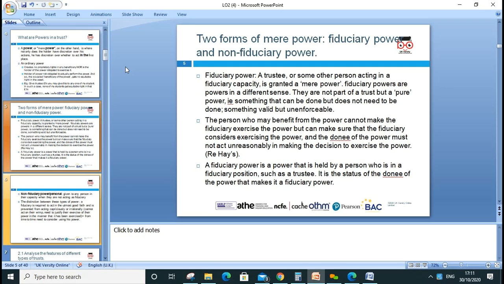The person who may benefit from the power cannot make the fiduciary exercise the power, but can make sure they consider exercising it, and the donee of the power must not act unreasonably in making the decision to exercise the power.